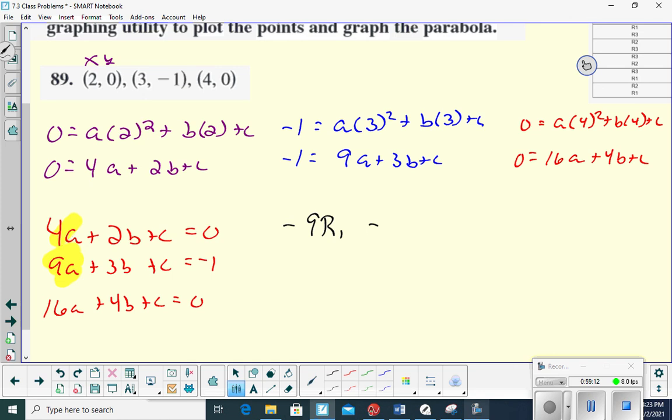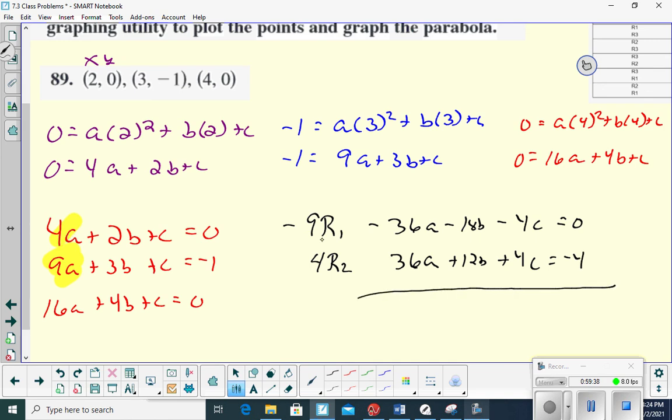So this will be negative 36a minus 18b minus 9c is equal to 0. Then I'm going to multiply 4 times row 2. So that'll be 36a plus 12b plus 4c is equal to negative 4.